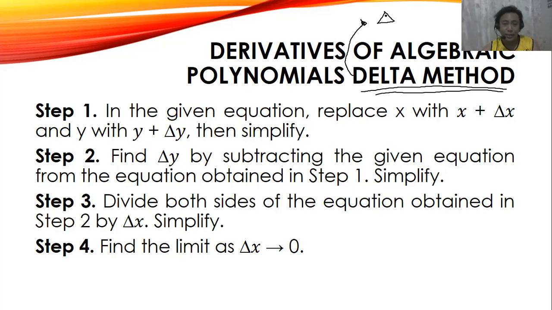For step 2, you have to find delta y by subtracting the given equation from the equation obtained in step 1, and then simplify it again. So in step 2, after we replace all x with x plus delta x and all y with y plus delta y, we have to solve for the value of delta y.